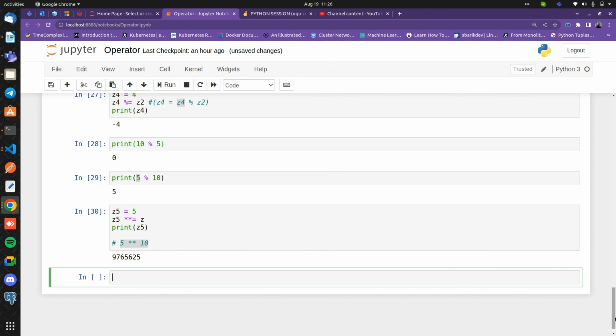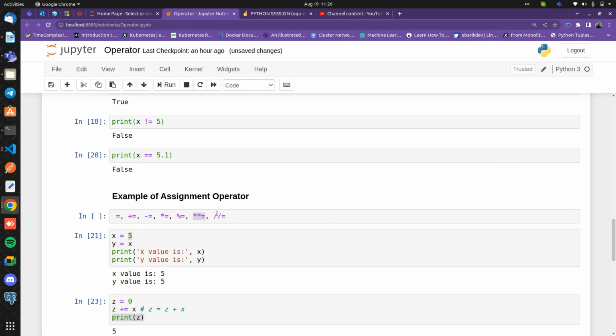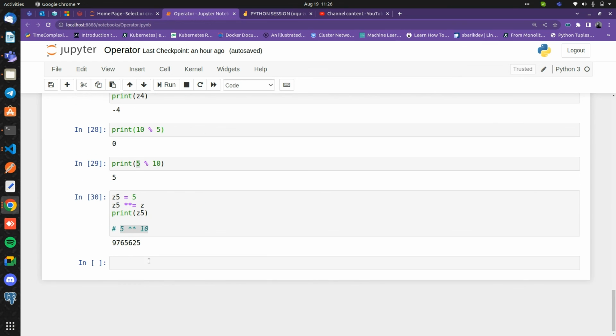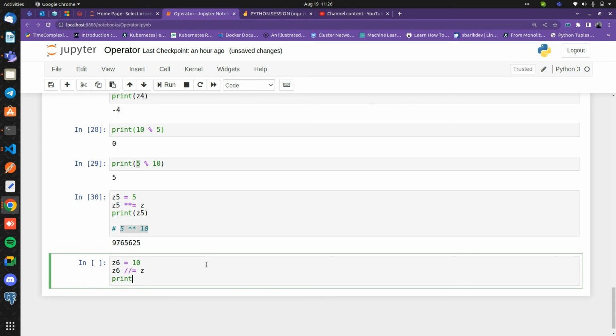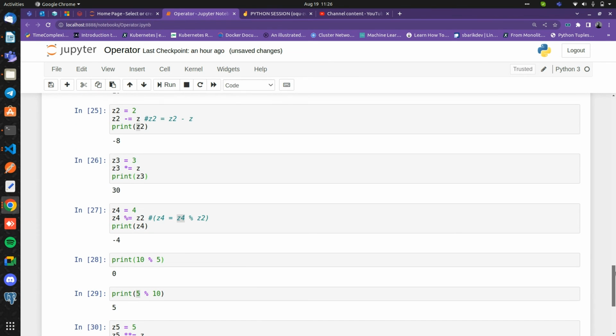And the last one is floor division equal to. Just like that, let's say Z6 is my 10, and if I get Z6 floor division equal to, let's say my smallest number is Z. If I print Z6, it will give me the output, that is 10 divided by Z, which is 10.